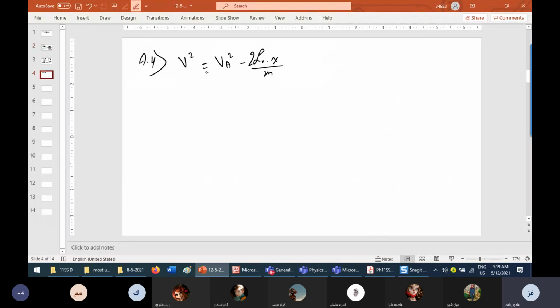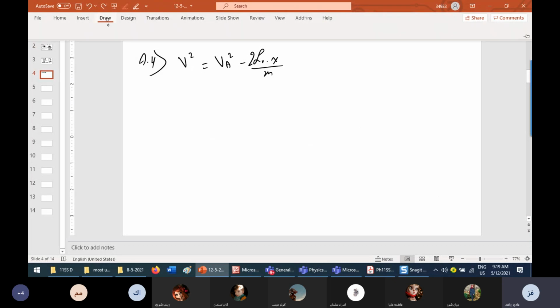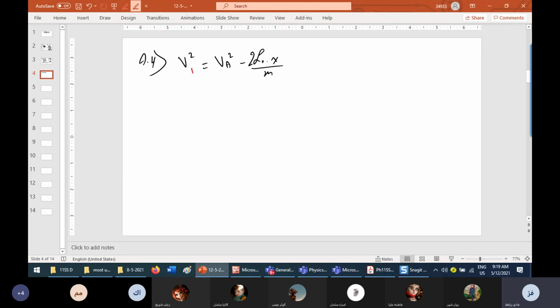If I apply this formula between A and B, this will be VB, and this will be the distance between A and B, and I have them all.